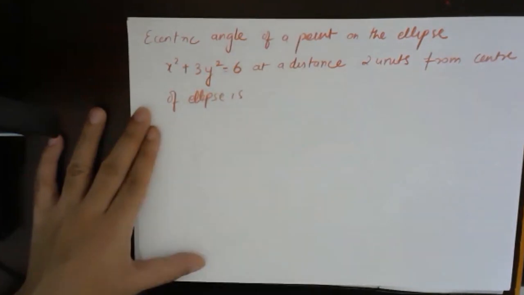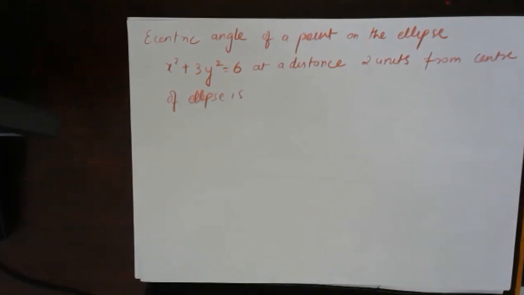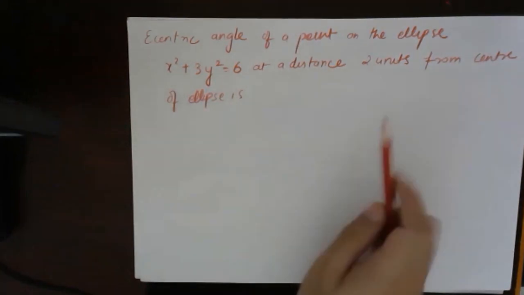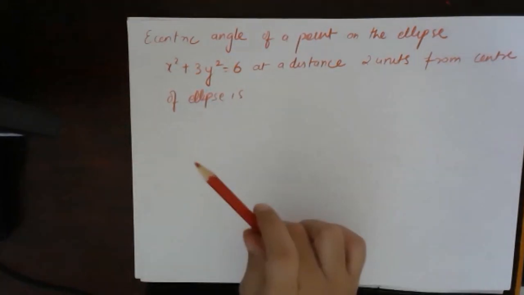So you have to find the eccentric angle of a point which is at a distance of 2 units from the center of the ellipse.